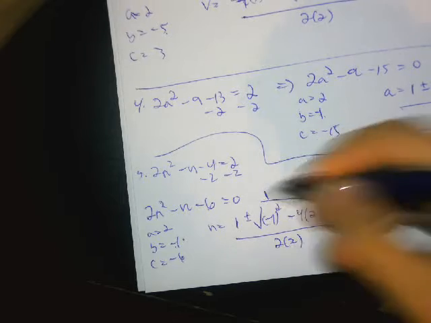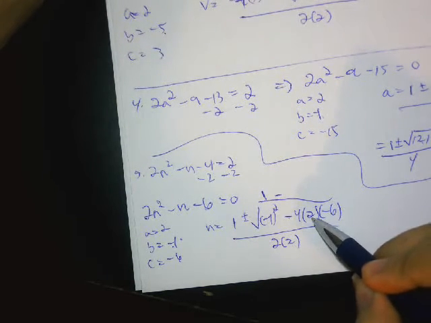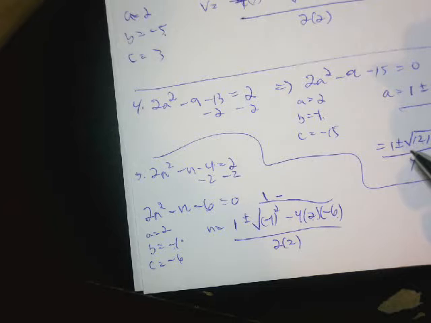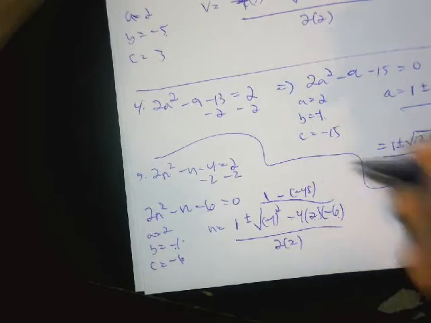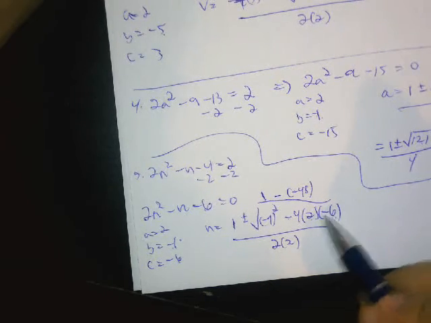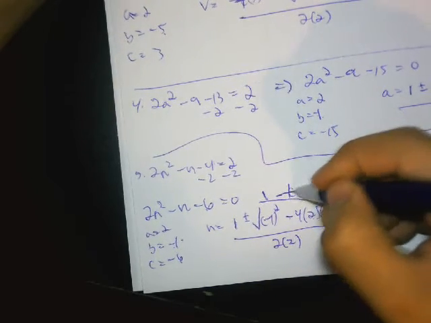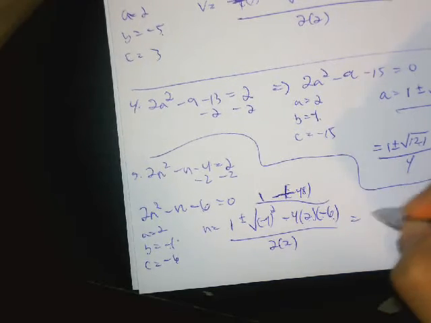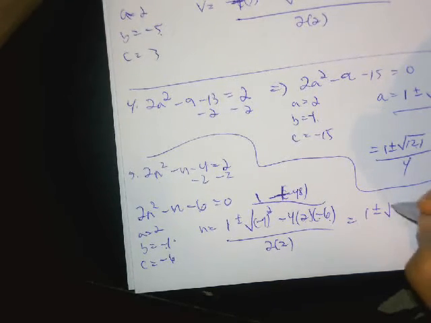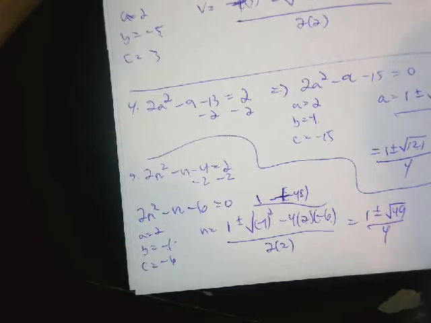Negative 1 squared is positive 1, minus 4 times 2 is 8. 8 times 6 is 48. Negative 48, minus a negative 48. So 1 minus a negative 48 is 1 plus 48. So there we get 1 plus or minus the square root of 49 all over 2 times 2, which is 4.